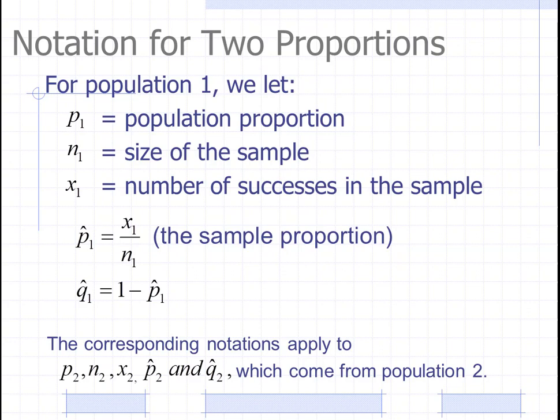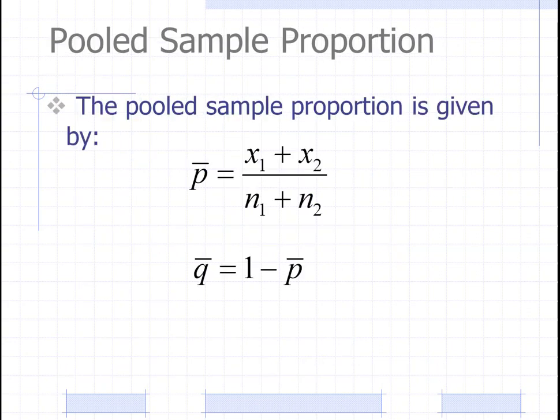They're not much different than what we did with one proportion, other than the P bar and the Q bar. So what we do for the P bar and the Q bar is we throw everybody in the same pot. So we look at the number of successes in both samples, and then we look at the number of individuals in both samples.